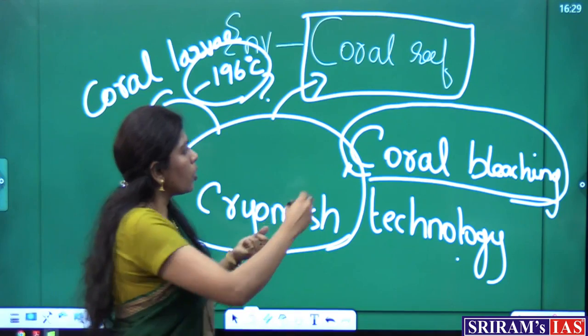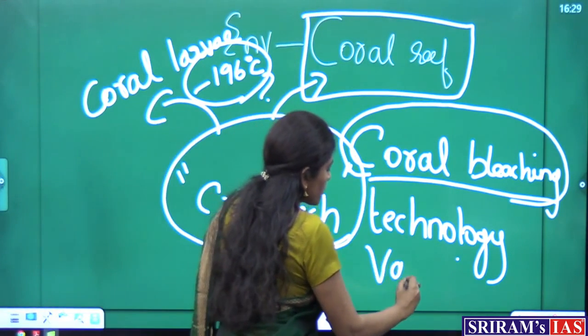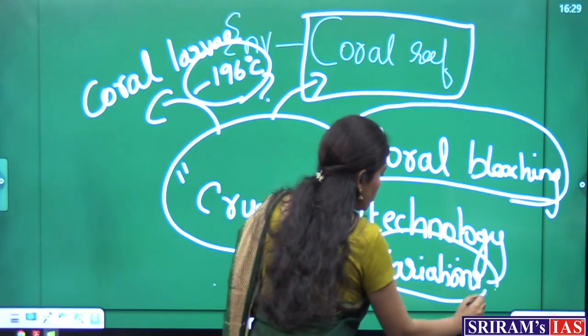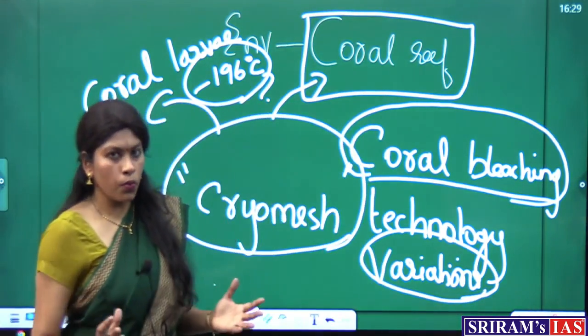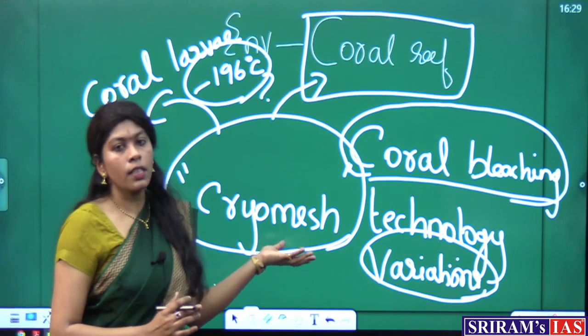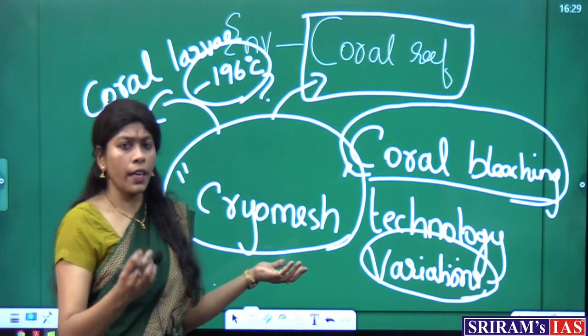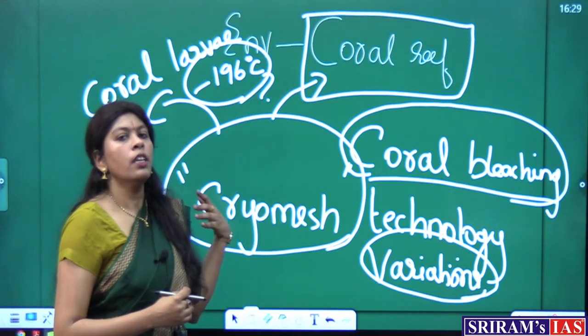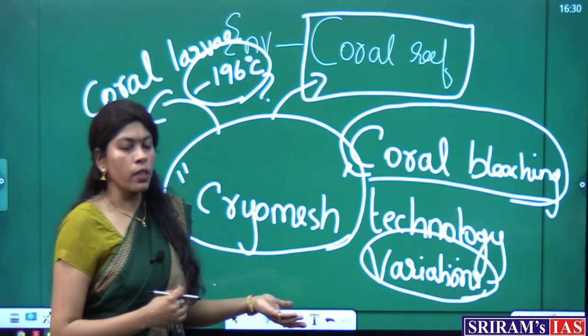In order to preserve the variations in the coral reef, its biodiversity, since we have diverse coral reefs, we are trying to preserve the coral reef using this mesh technology, and later it will be introduced into the wild.